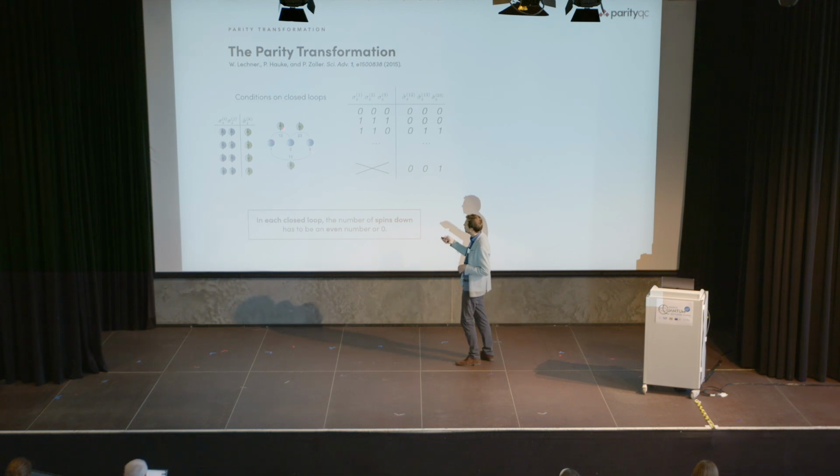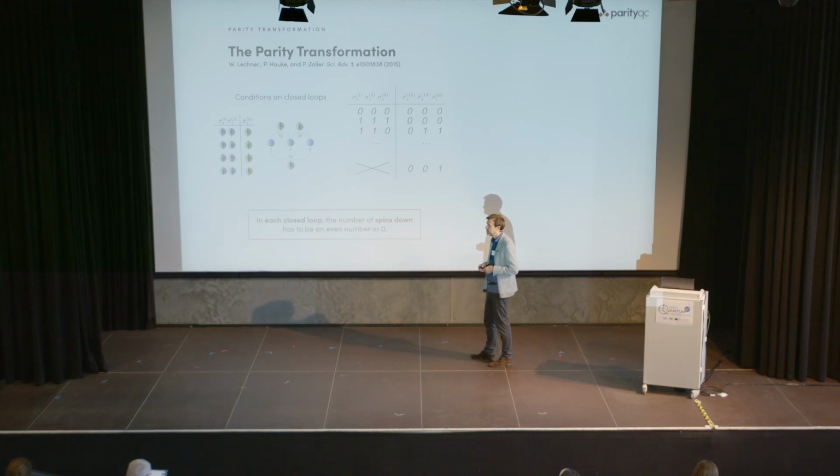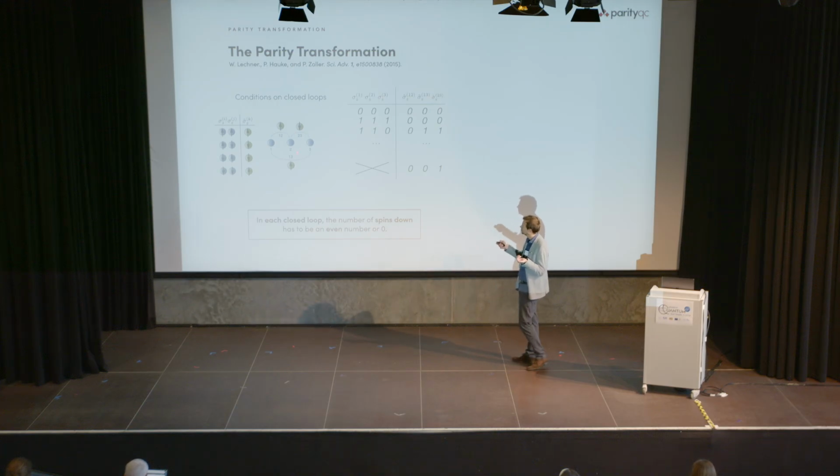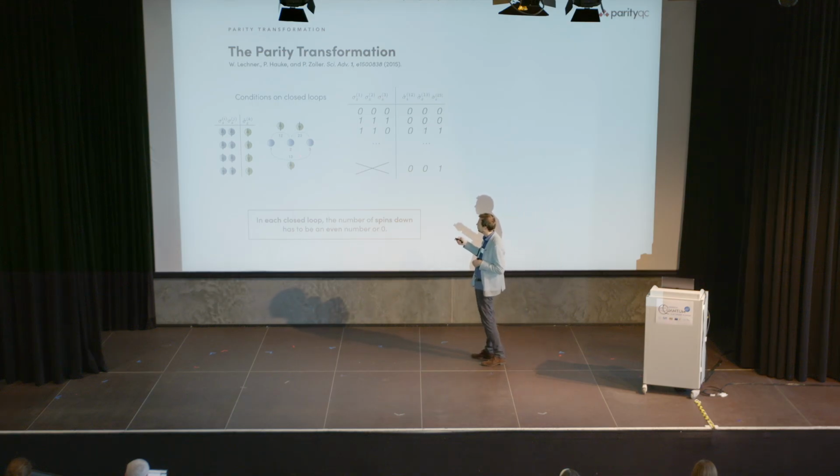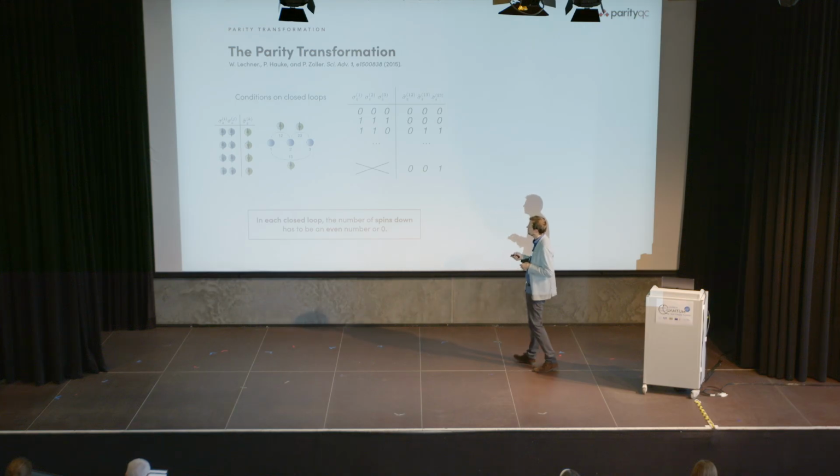So this means the green ones have to fulfill the property that the number of spin downs is an even number or 0. Intuitively, you can also understand this if you think about flipping one blue spin, then you're always flipping 2 green spins. So this is somehow the symmetry breaking. If you flip a blue one, you flip 2 green ones. So this means you can only have an even number of spin downs in the green ones.